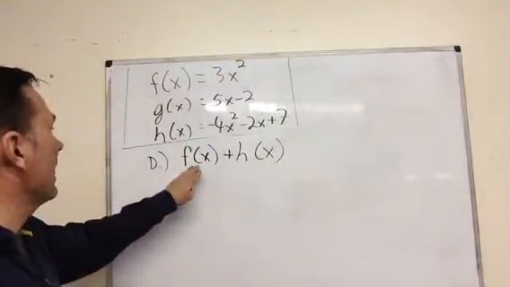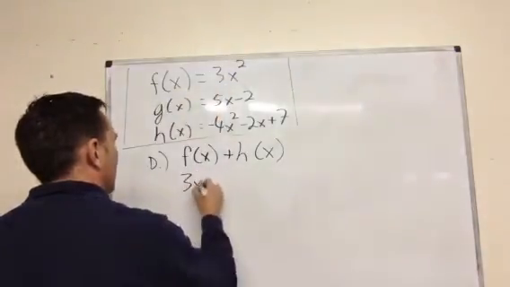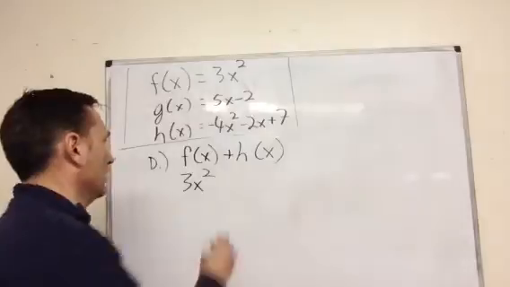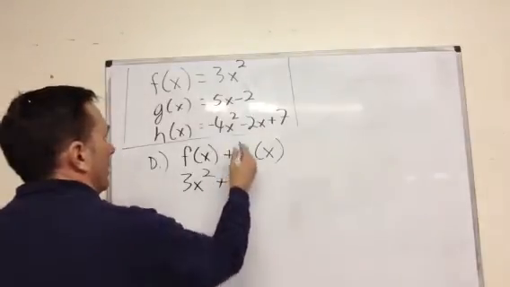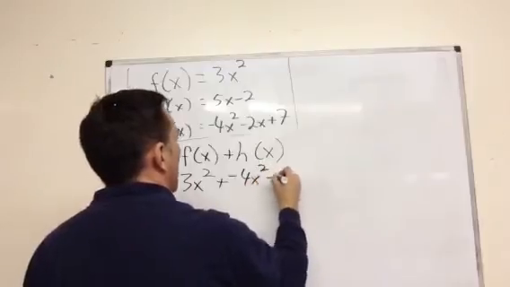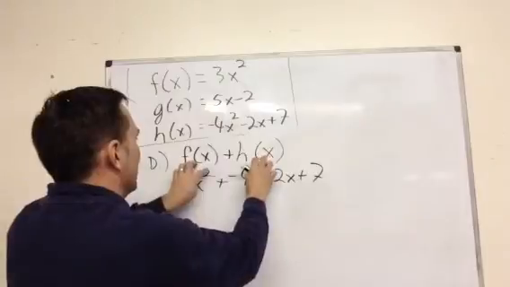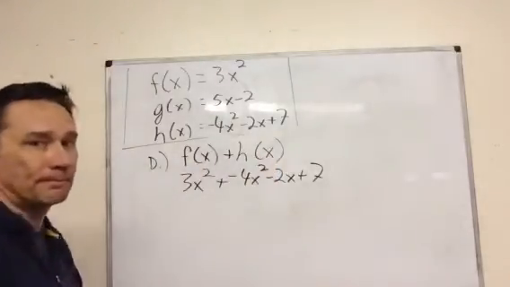Substitute it in. What is f of x? f of x is 3x squared, plus, now h of x is negative 4x squared minus 2x plus 7. I'm just substituting these in for my functions here.